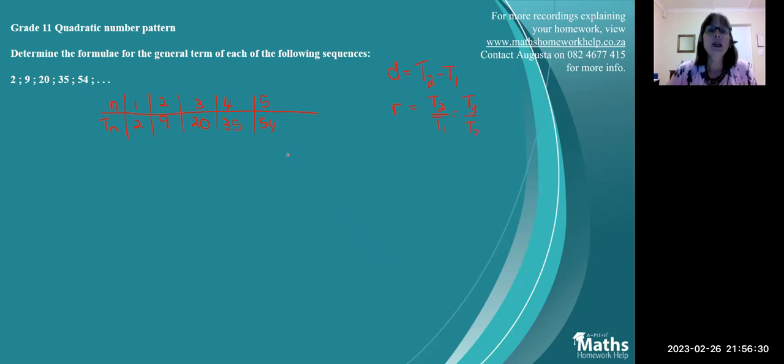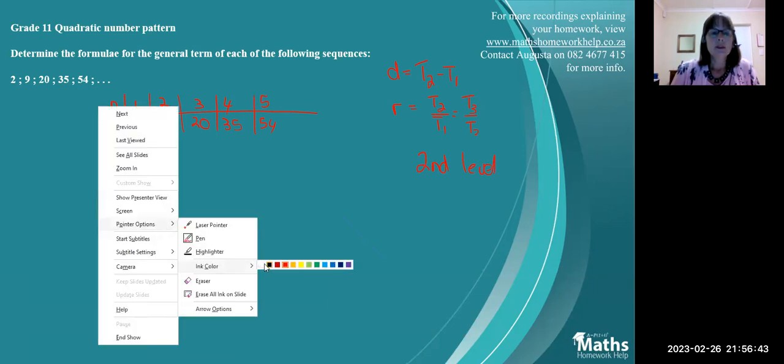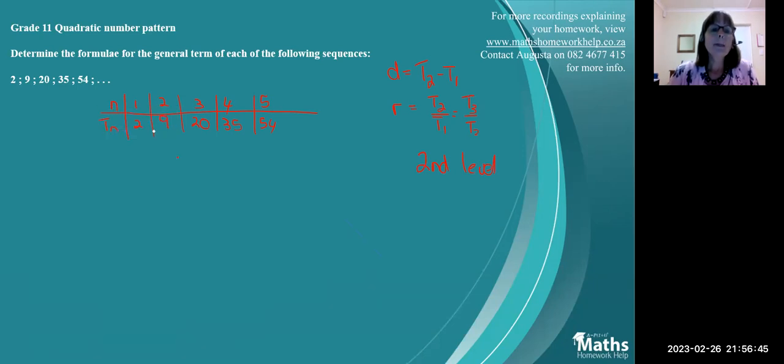But with a quadratic number pattern, you sit with a constant difference on the second level. The first thing here, I'm going to figure out what my difference is. It's very important to remember that you always take the second one minus the first one, so that if there are minuses, you don't get confused.